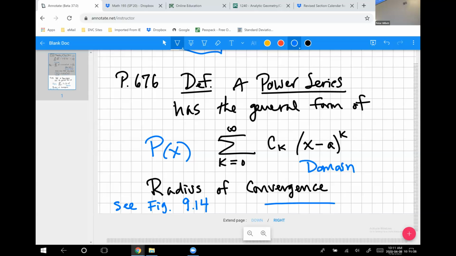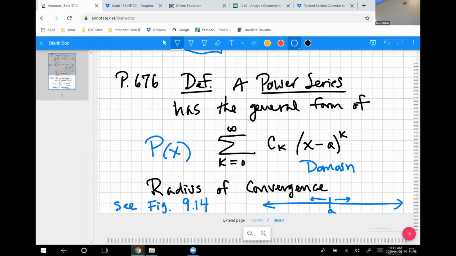Imagine you have an a value on a number line. As the x values leave from a, get a little bigger than a or a little less than a, then all of a sudden there's a question as to whether the power series will give you an answer or not, whether it will converge or whether it will diverge.